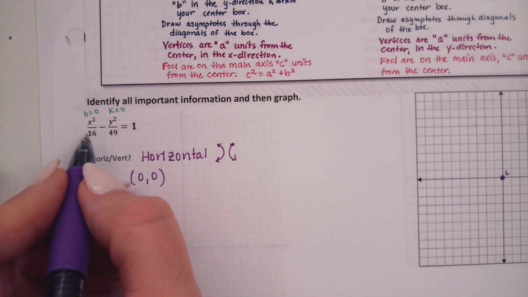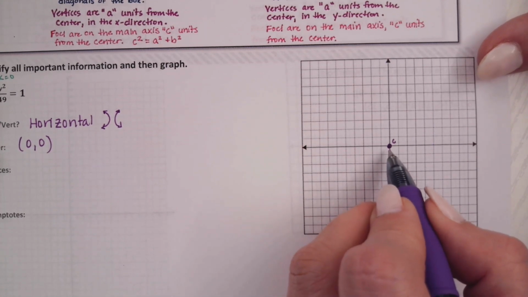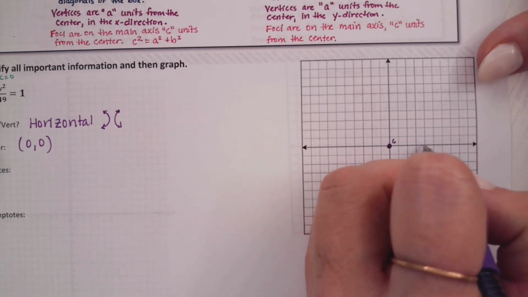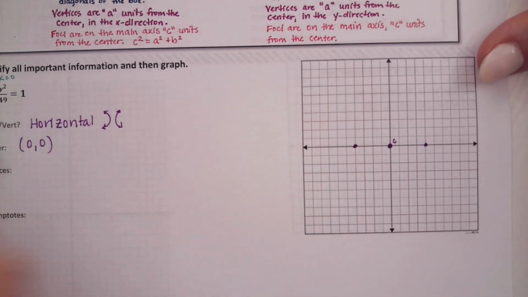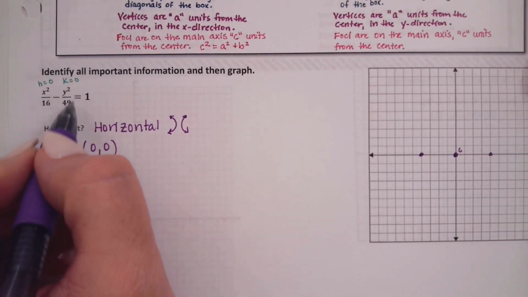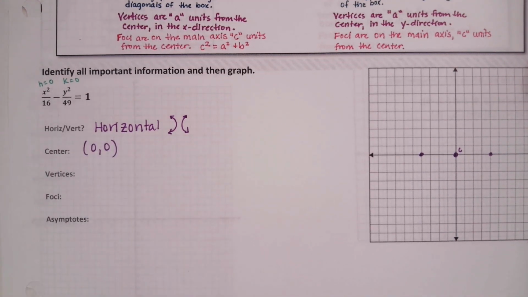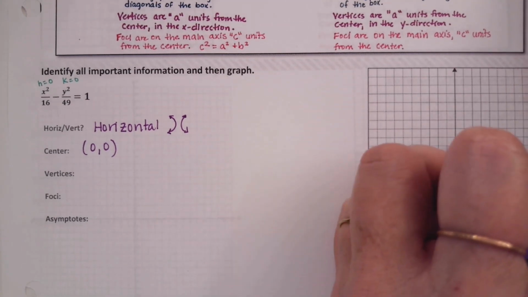I'm going to count 4 in the x direction from the center, 4 left and 4 right, and plot little points. The number underneath the y term is a 49, so we'll count 7 in the y direction from the center, 7 up and down.